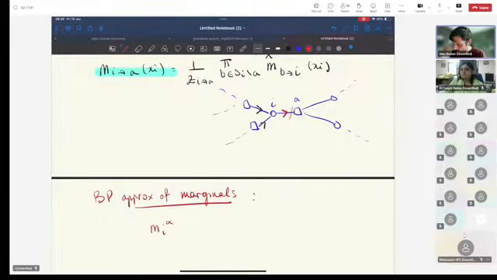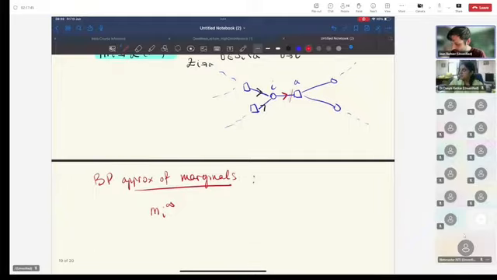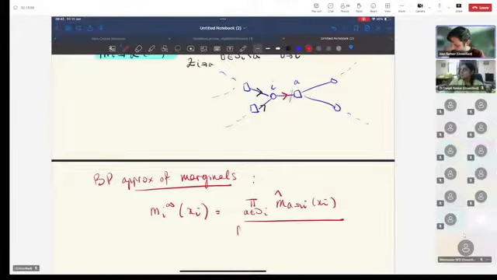mi at convergence, so when t is infinite, which is an approximation of the true marginals, which can be exact or not, is the product of all factors. Now I'm not removing any. I'm really making the product over all of them of the messages from A to I of xi, which I then normalize by the integral of this numerator.